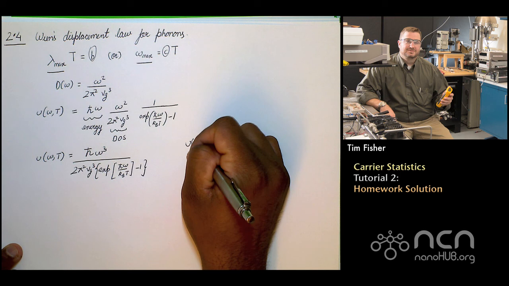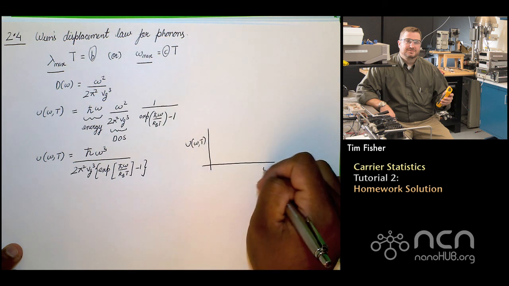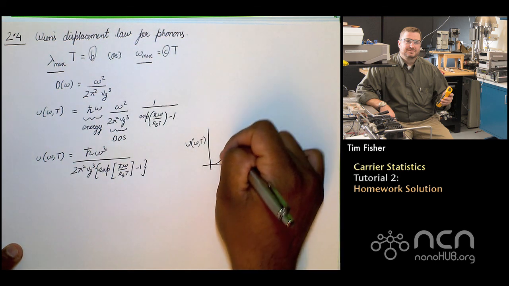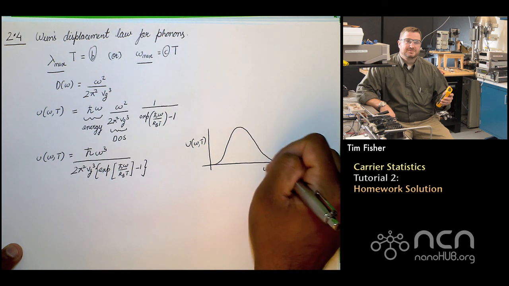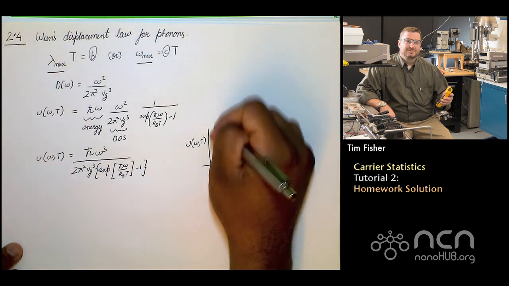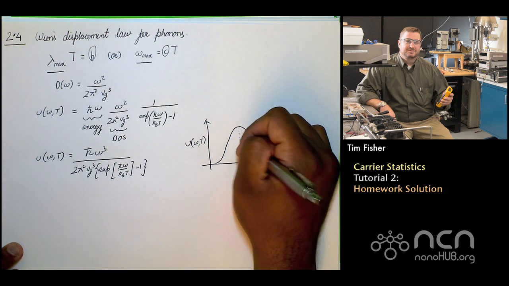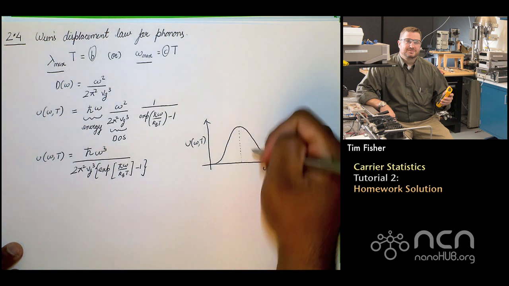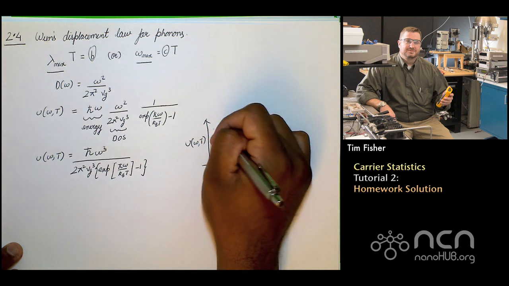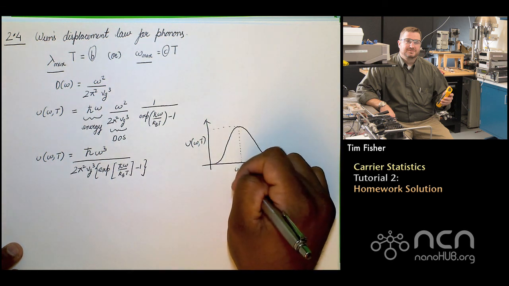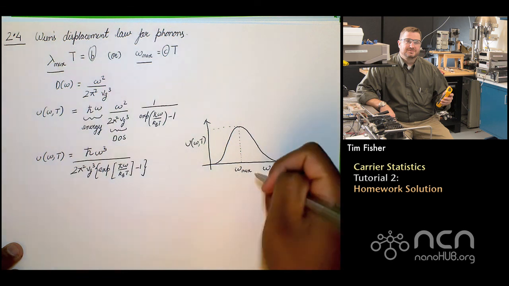So this is U of omega, T, this is omega, where the frequency at which the maximum in the spectral energy density occurs is denoted as omega max.